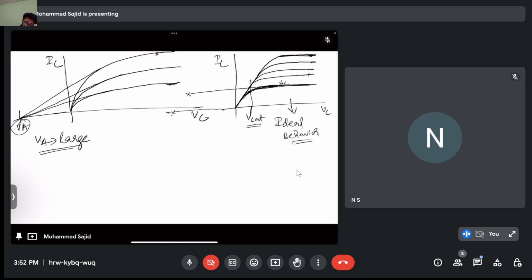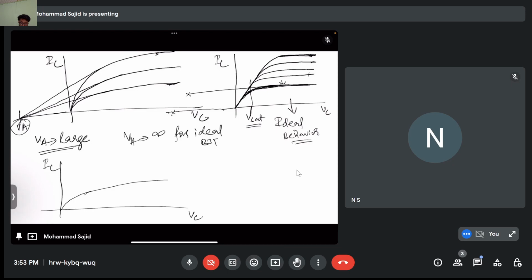If it has an ideal behavior, the tangent will run parallel to your x-axis, so VA will be infinite for an ideal BJT. But in the real case, with VCE your current also increases. Let's say after saturation it increases in this way. If I draw the tangent here, it cuts the axis at this point. So this is your early voltage.